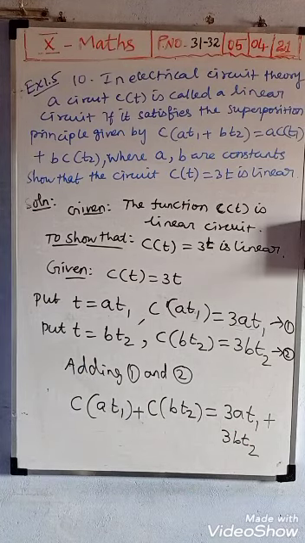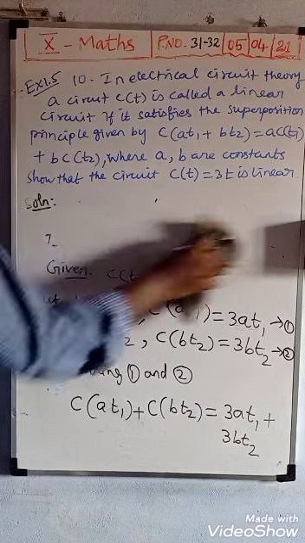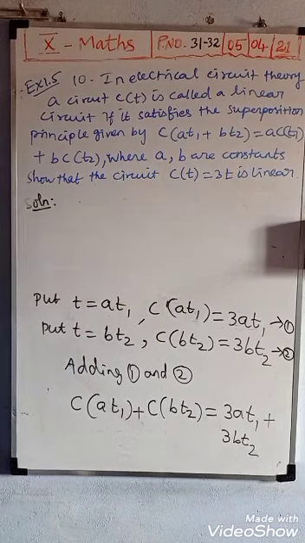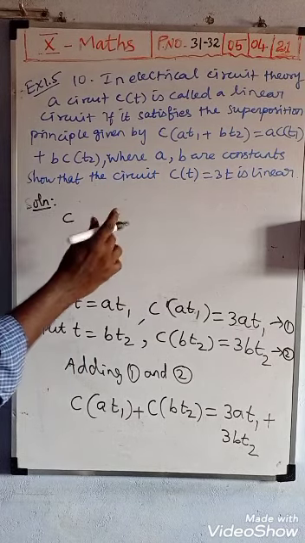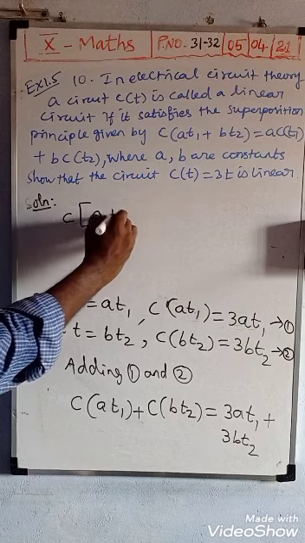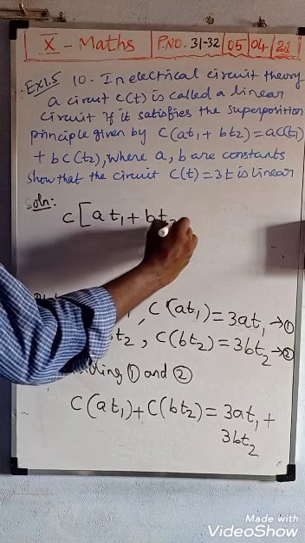So LHS you separately add and RHS separately you should add. Now on the left hand side you should see what is common. C is common, so C you are taking outside: C of aT1 plus bT2 you will get.